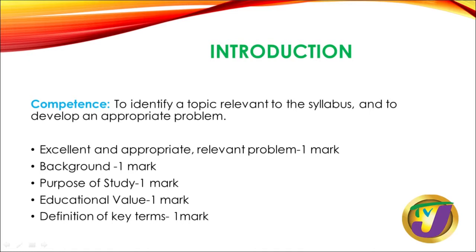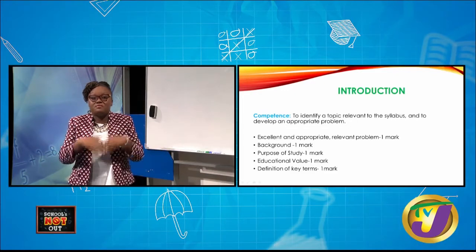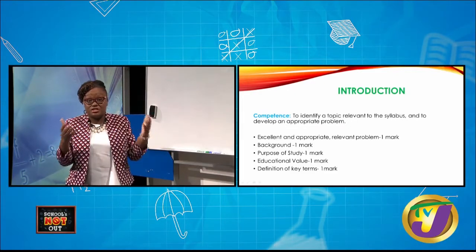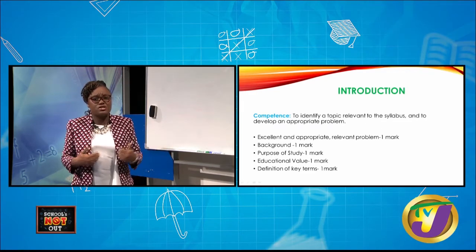You must have noticed something that caused you to want to research this topic, all right? What is the purpose of the study now? That's another 1 mark. What is it that you aim to do, aim to gain from looking at this? What is the educational value? No, the educational value is a little different from the purpose. The educational value means who will benefit from this? How will these people benefit from it? So which ministry? Say you're looking at garbage disposal in your community and, you know, all of that as your problem.